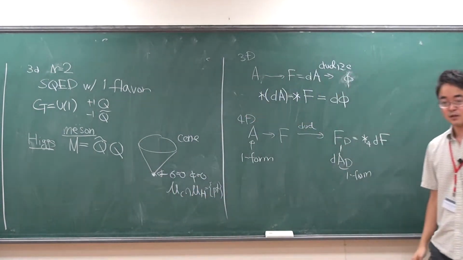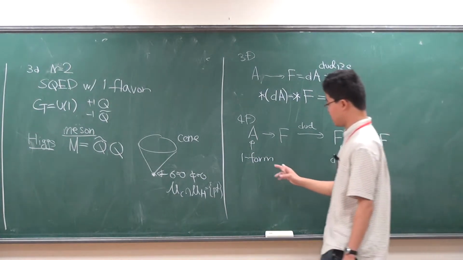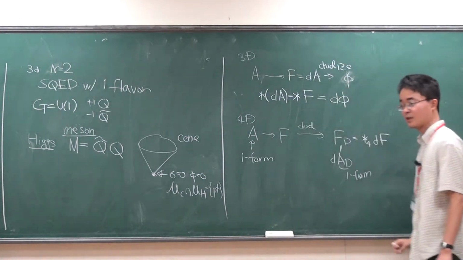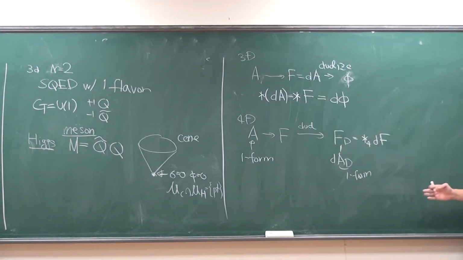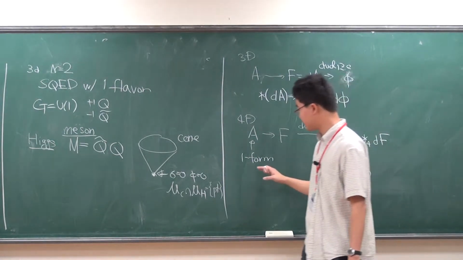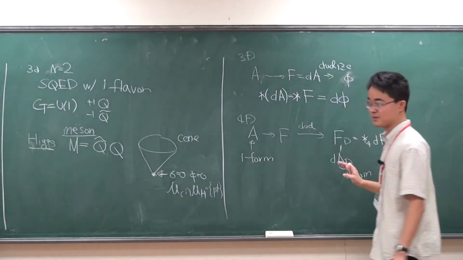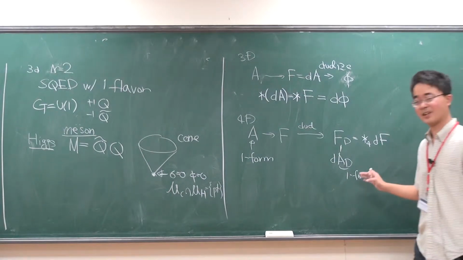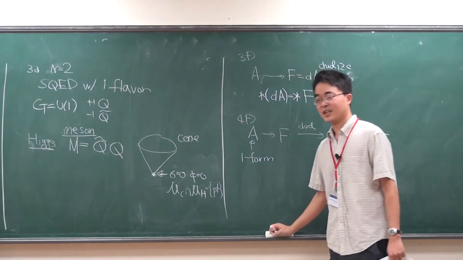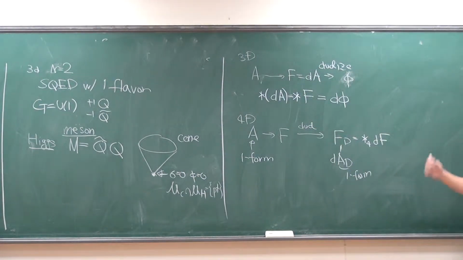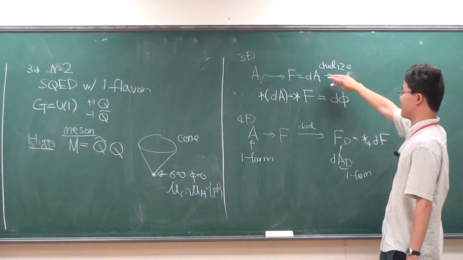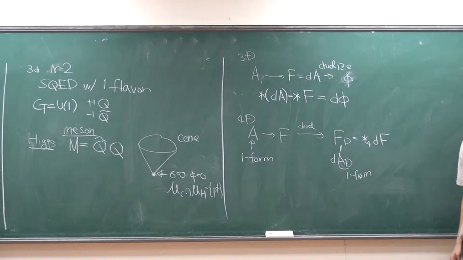So in 4 dimensions, if you take a dual, a 1-form is mapped to a 1-form. This is electromagnetic duality, for example, of electromagnetism. There is an electromagnetic duality in the Maxwell equations, if you include the monopoles. That's why Dirac was excited about it. That statement is very specific to 4 dimensions, and this is really the 3D counterpart of that statement.